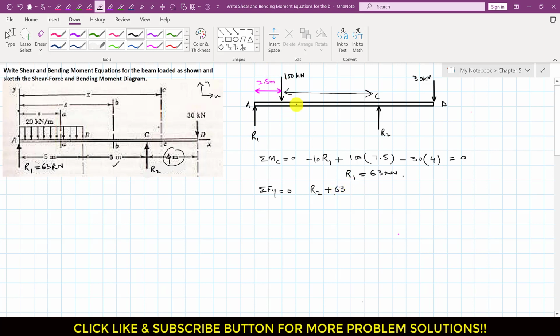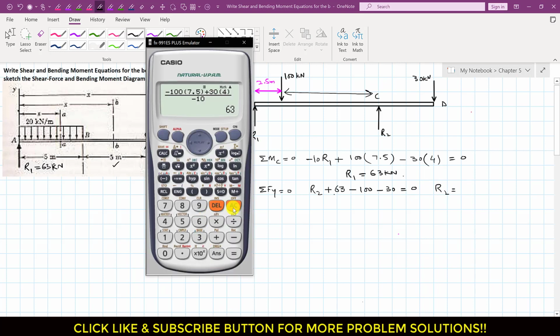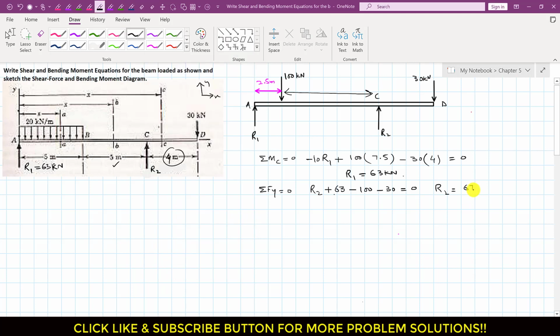The 100 is acting in the negative y direction, so I will write minus 100, and the 30 kilonewton is acting in the negative y direction, so I will write minus 30, and this is equal to 0. So from this equation we can find R2. R2 will be equal to minus 63 plus 100 plus 30. So this is equal to 67 kilonewton. So here R2 is equal to 67 kilonewton.